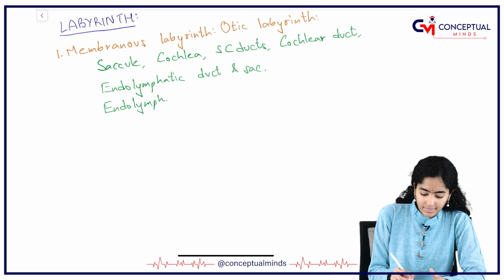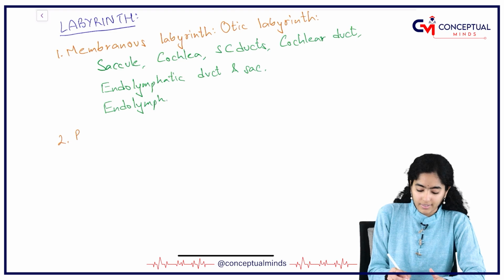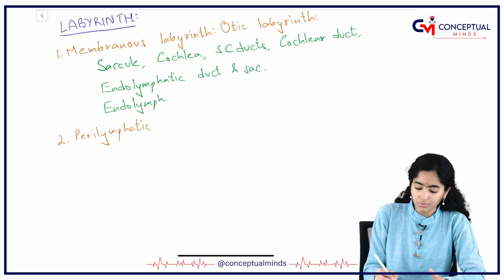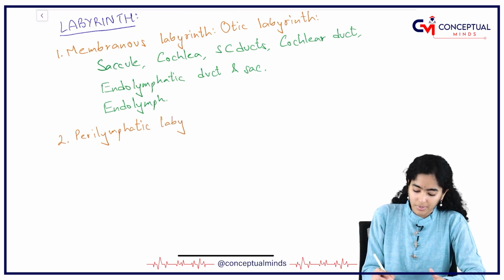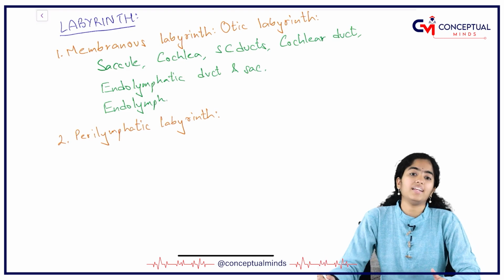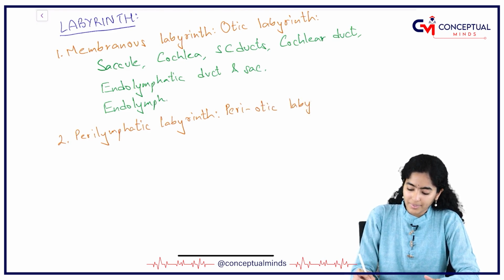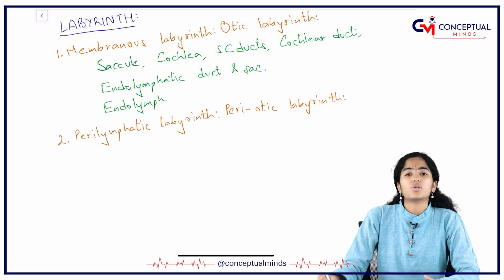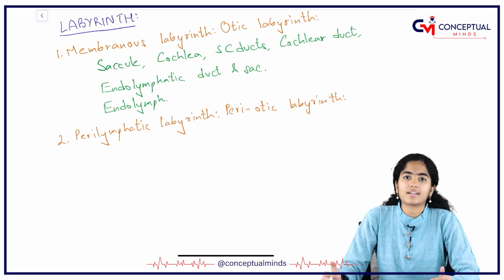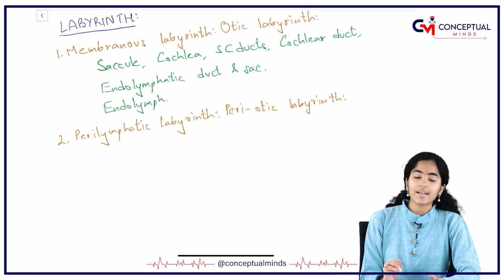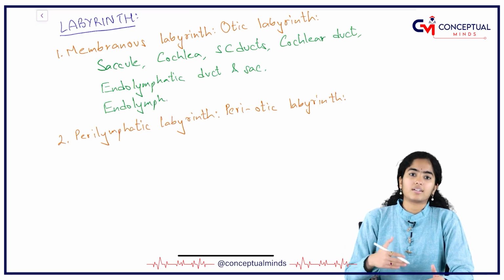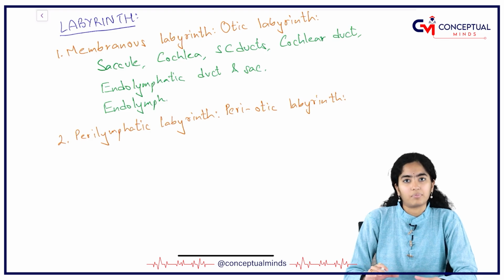Next, the second part of the labyrinth is the perilymphatic labyrinth. Now this might sound slightly new. We only know about the membranous labyrinth and the bony labyrinth. What is this perilymphatic or periotic labyrinth? Peri means anything that surrounds. So the periotic labyrinth surrounds the otic labyrinth.